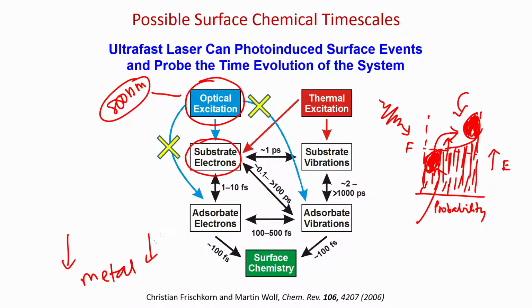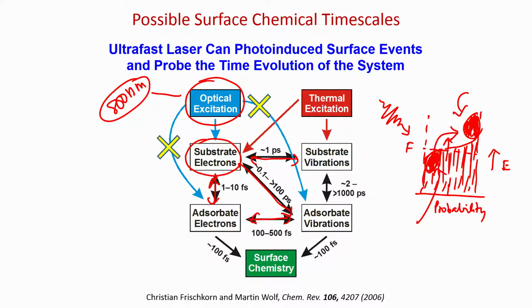Now, as we have stated already, the substrate electron will be excited, not the phonon, with the help of optical pulses, and that can transfer energy to the substrate vibration, that is the phonon vibration. The adsorbate electron can be excited directly, and then the adsorbate vibration can also be excited, and they can be coupled. Every process is highly coupled, and it's very difficult to say which one will be initiated after what.